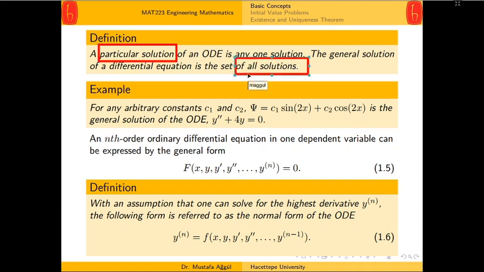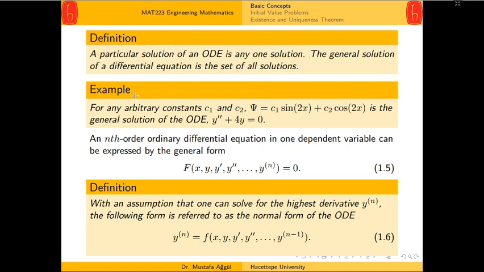Okay, so this is important. A particular solution is only one solution that will satisfy the ODE. When you substitute into the ODE, it will reduce the ODE to an identity. And the general solution is the solution set which involves all possible solutions.